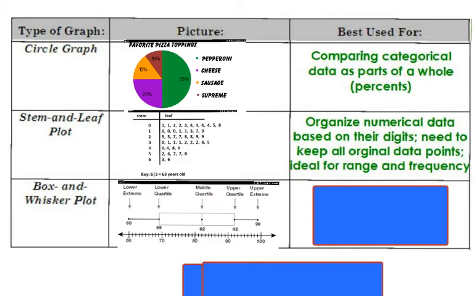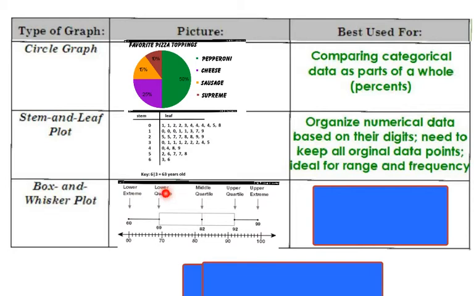And then our last one here is a box and whisker plot. In a box and whisker plot, you always have 5 numbers, but you lose all the rest. So you get the middle quartile, which is the median of all the data.